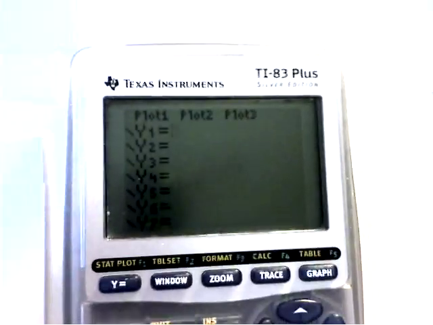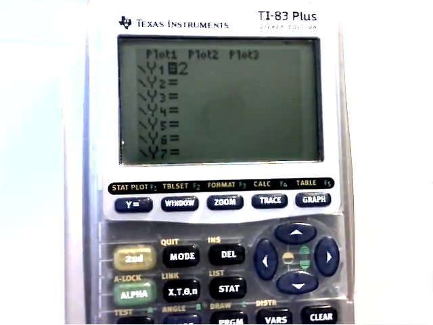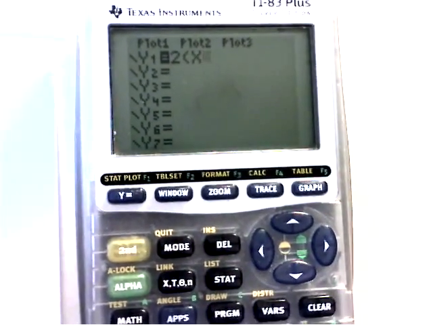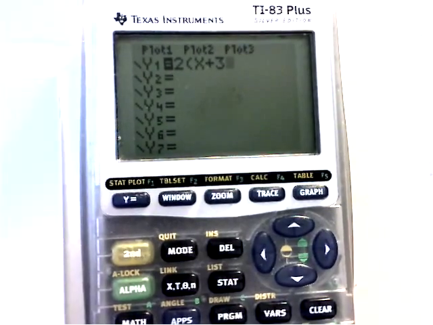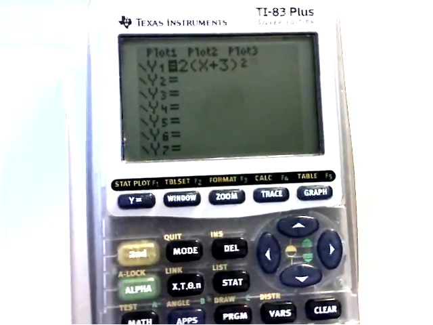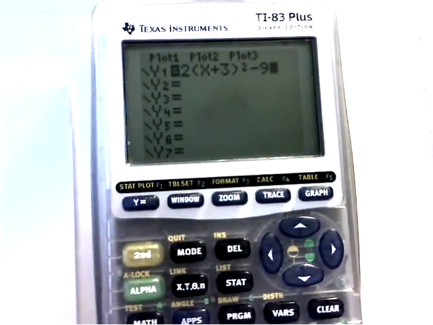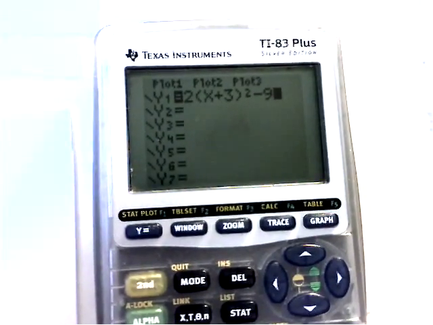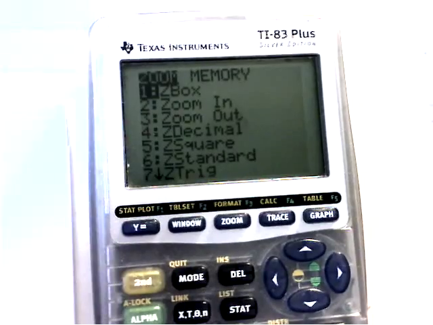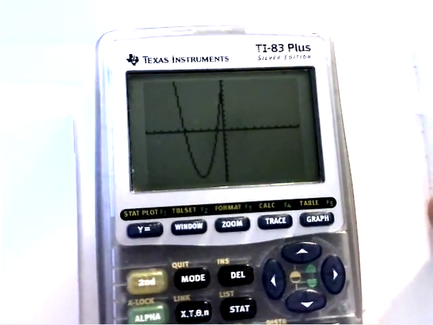So we have 2, then left parentheses, x plus 3 in parentheses, and then use your x squared key for the exponent of 2, minus 9. Now I'm going to press zoom and then number 6 to go back to the standard window. That's my equation.